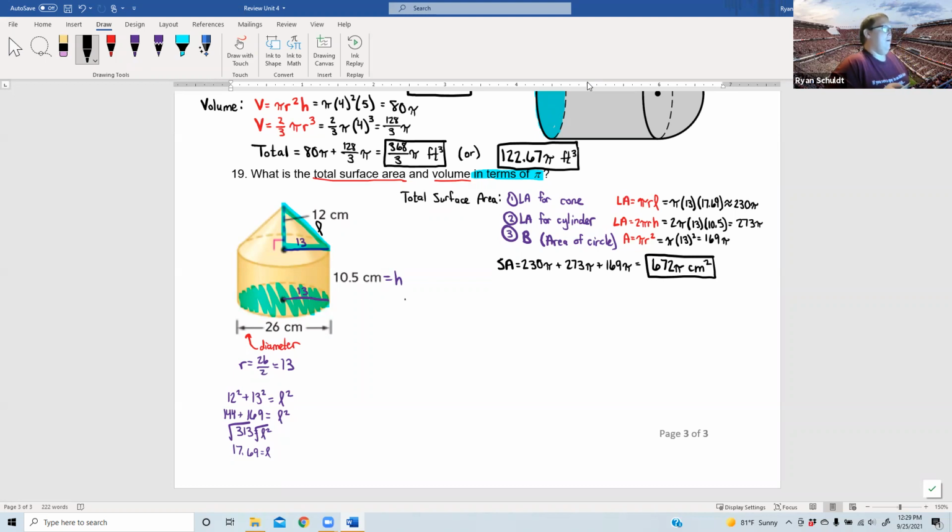Now let's do the volume. Okay, so let's see. I see two shapes here. First, let's get the volume for a cone. Then let's get the volume for a cylinder.